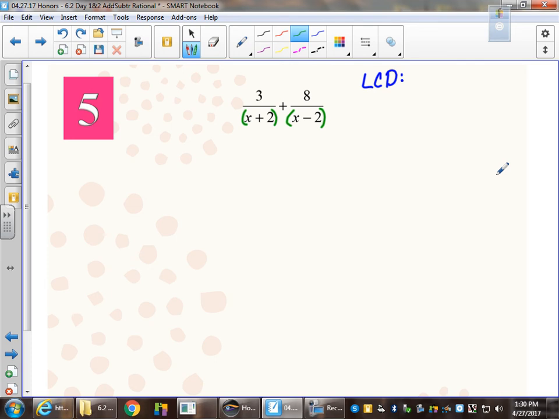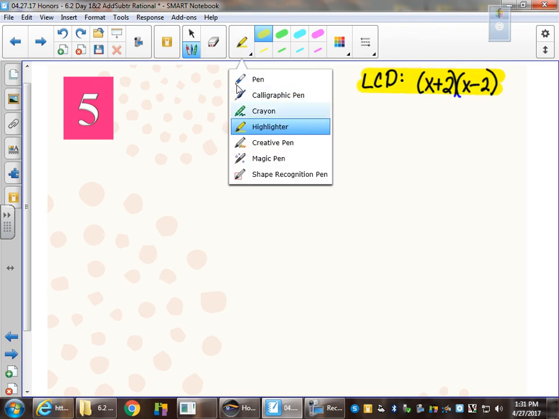When that's the case, the common denominator is going to be a product of those binomials, meaning my least common denominator is going to be x plus 2 times x minus 2. That's what we're going to work towards. So let's get to it.